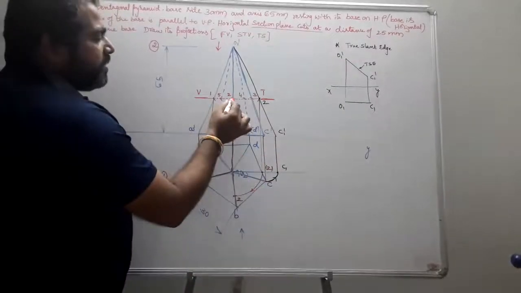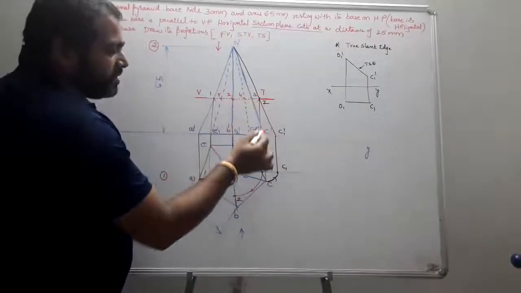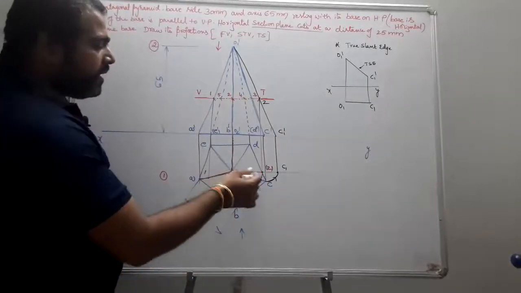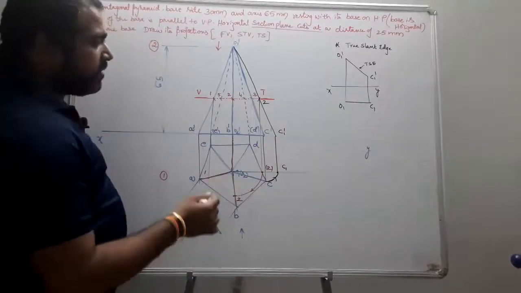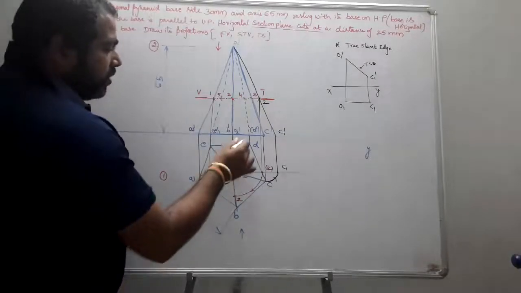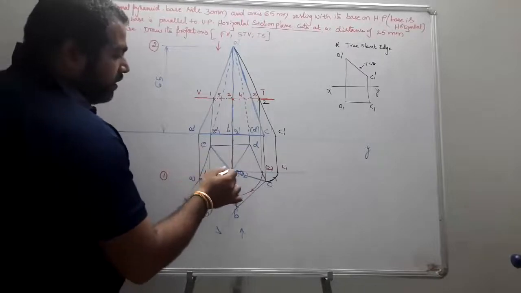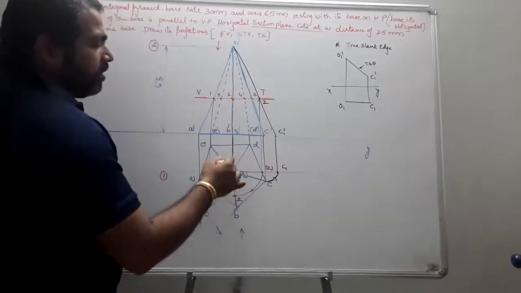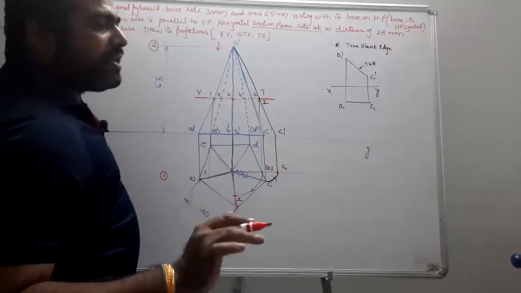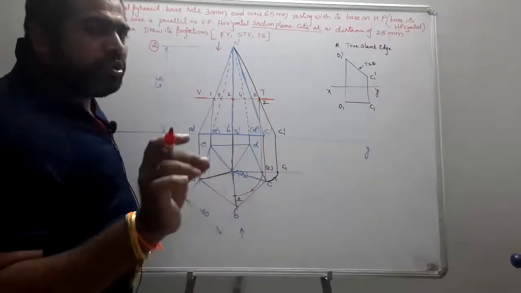Then I can project my point to the true slant edge, shift that point here, and rotate to get the point. But here there are no true slant edges. Why? Because OD, OE, OA, OC, OD are not parallel to XY. So in that case, I have to create a new true slant edge.